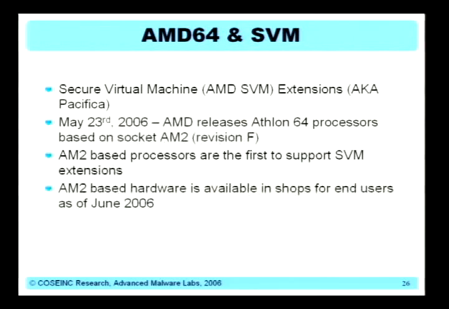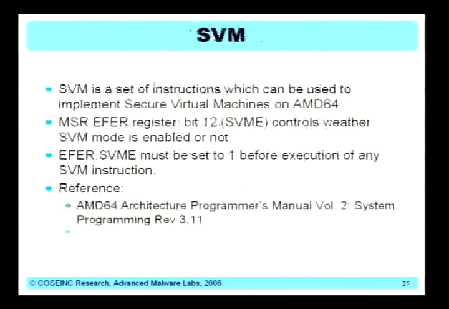Okay, so this AM2 hardware is available, but for example, I didn't manage to find any laptop with SVM technology, which means that I will not be able to show a live demo of Bluepill, which is a pity because I'll tell you later why. I'll just show you a demo movie.